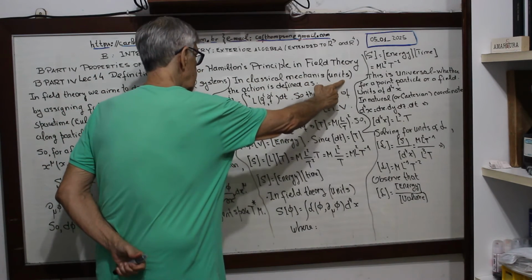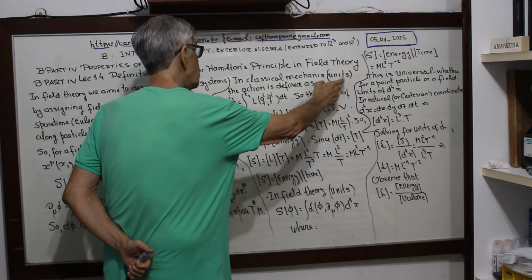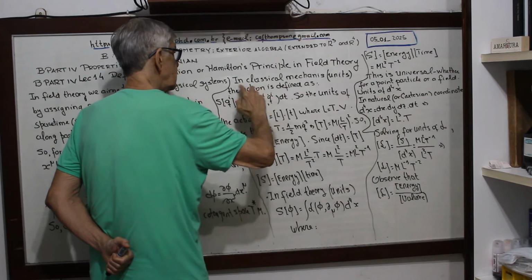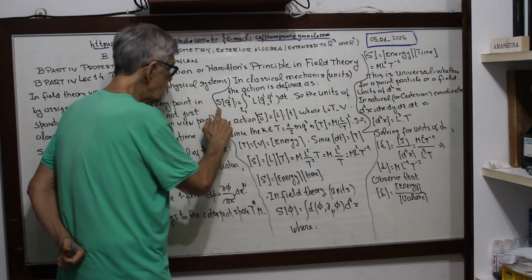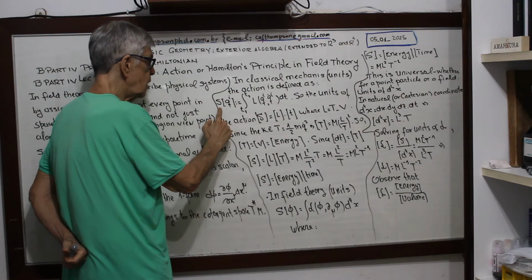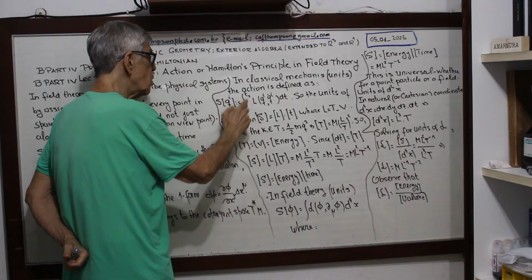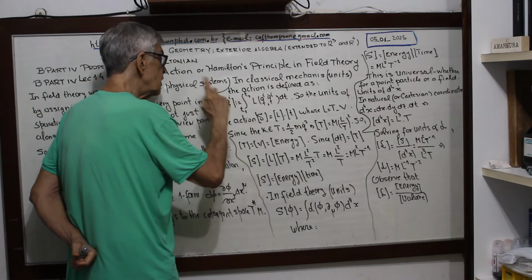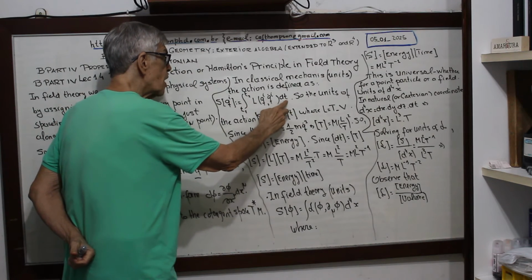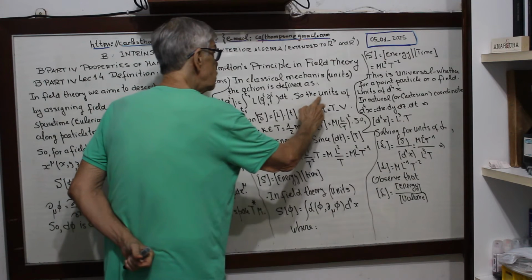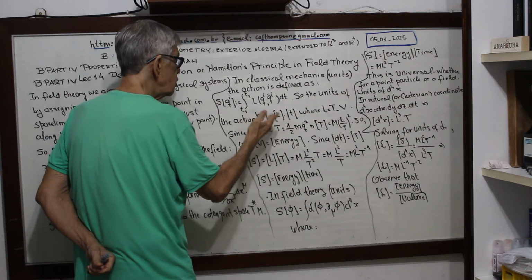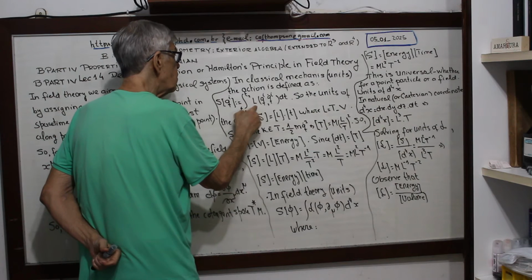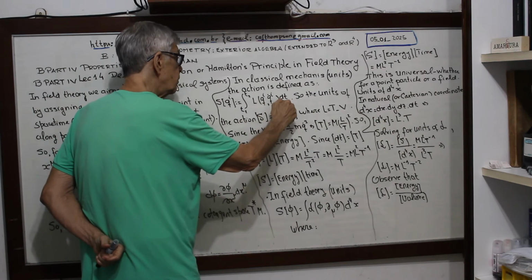Now my goal is to see the units. In classical mechanics, the action S is the integral from t1 to t2 of L dt, where dt is the time. So the units of the action will be the units of L times the units of dt.